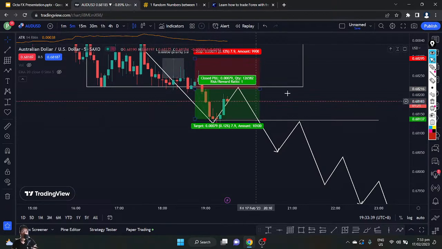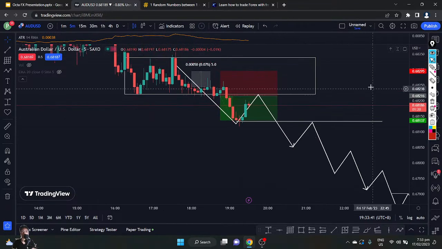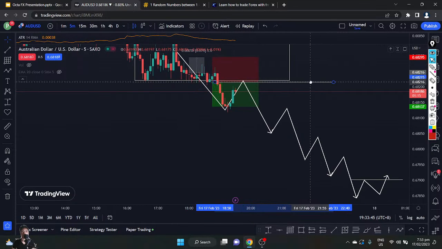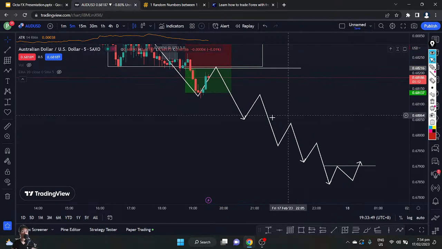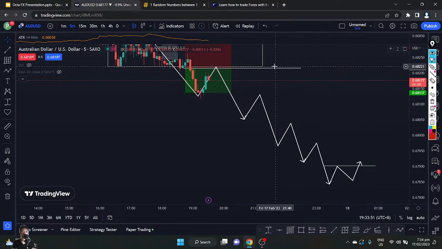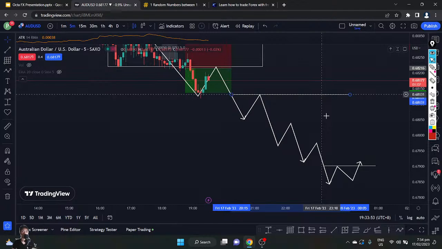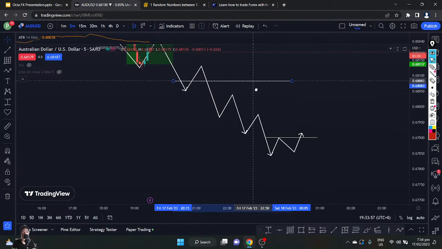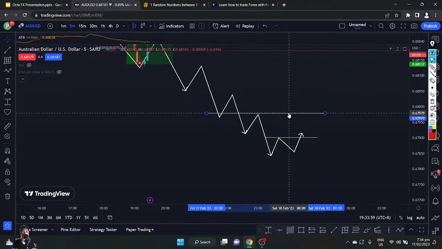And then what you can do after that is, if you saw that the price is going down, then you may now place your stop loss on your break-even point. And then once the price goes down again, you can put it right here. And if the price keeps going down, then you can trail your stop like that.